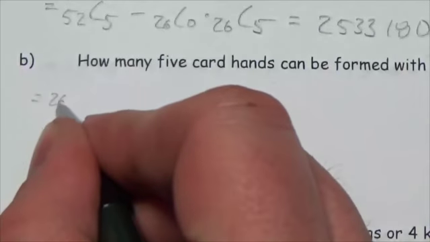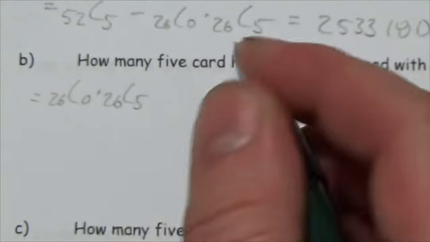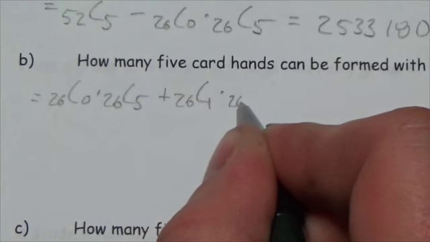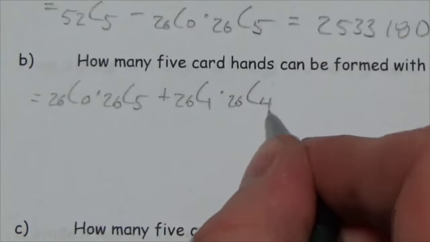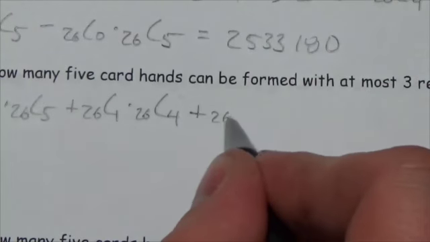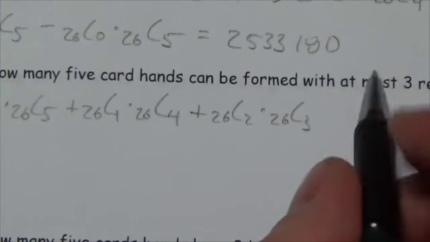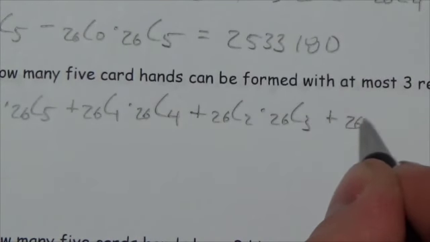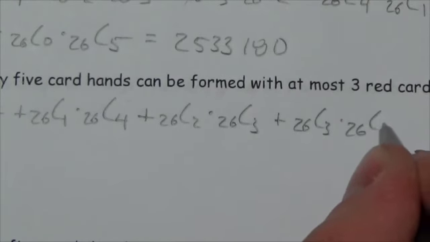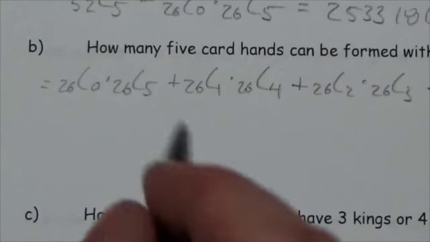So it could be no red cards, in which case they're all black, or 1 red card, in which case I've got 4 black, or 2 red cards, in which case I have 3 black, or 3 red cards, in which case I have 2 black. So that's one way of doing this problem.